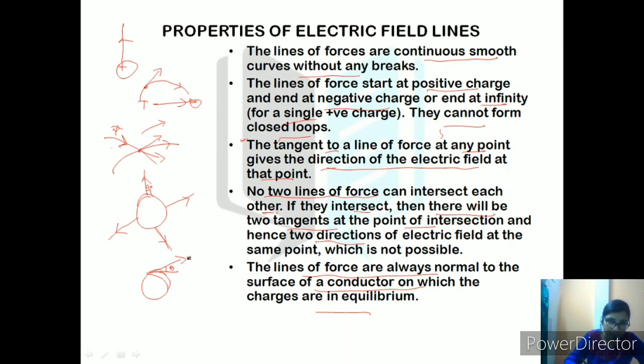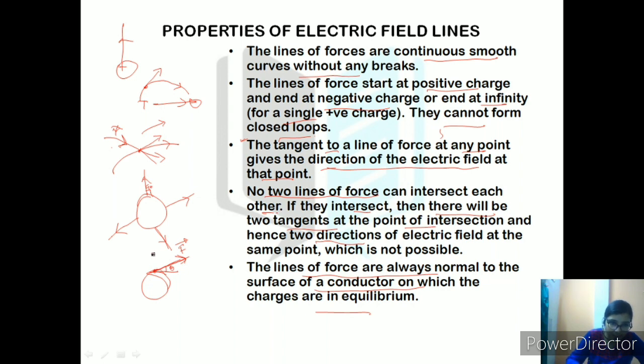If it is at some angle, what will happen? Suppose the direction of electric field lines is in this direction, and at this point the tangent will give the direction of field intensity. That means it will give the direction of force at that point. So this is the direction of force if the field lines are at some angle but not at 90 degrees.